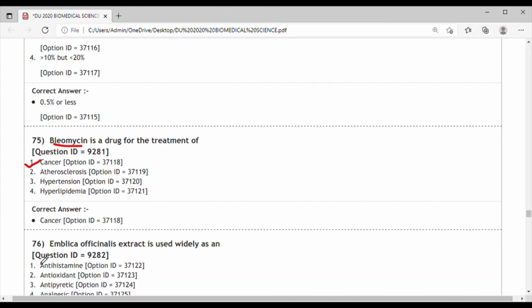Next question, Ambelica officinalis extract is used widely as an, this Ambelica officinalis is basically the amla or the Indian gooseberries. This amla is very rich in the antioxidant. So the correct answer is the option 2, that is antioxidant.